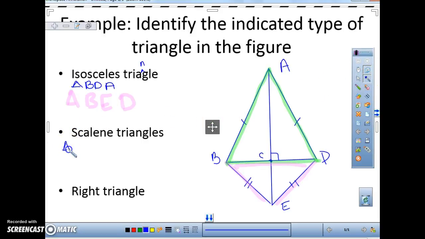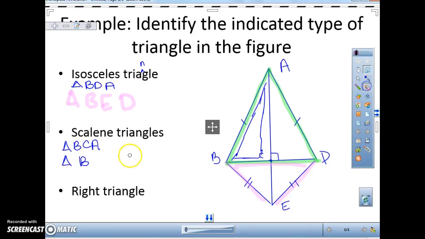Yep, Dustin was just ahead of us here. B, C, A. So this one here. B what? Oh. A, C, D. All right. Any more?